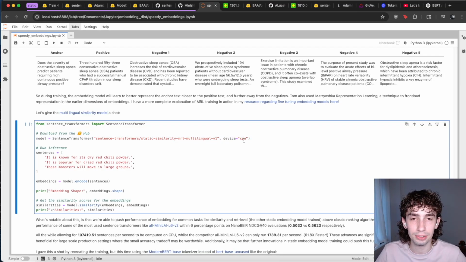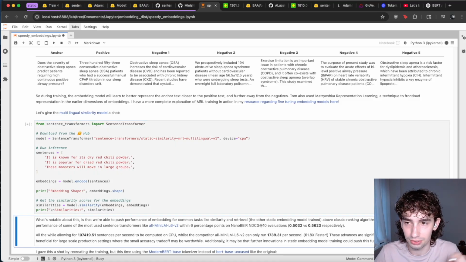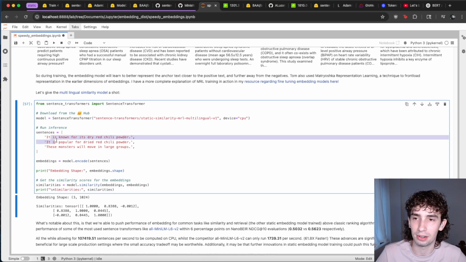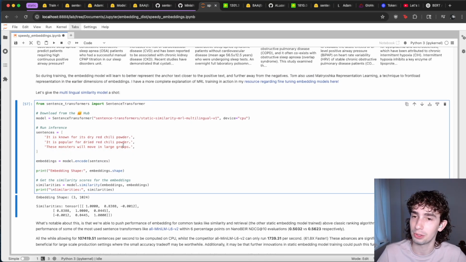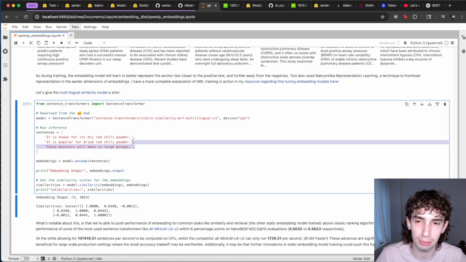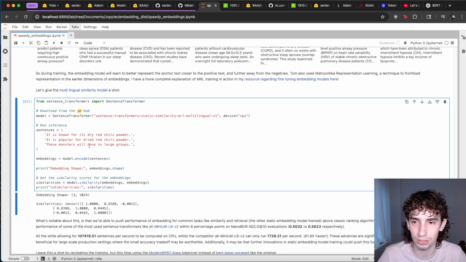So we can run this right on CPU because it is low parameter count and doesn't take a lot of effort. And let's go ahead and compare these sentences. It is known for its dry red chili powder. It is popular for dried red chili powder, and these monsters will move in large groups. Our expectation is, of course, that these two sentences are going to be similar, and this third will be much more different than the other two.